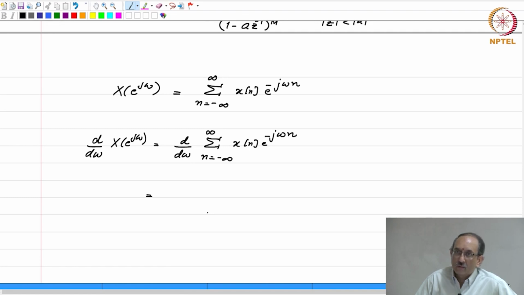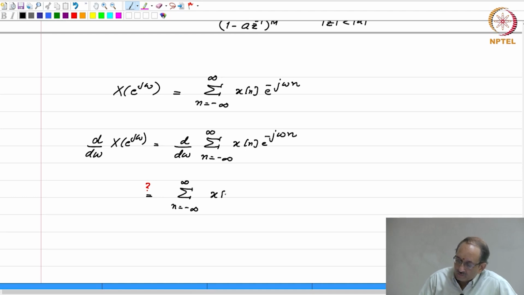Clearly x of t is not absolutely integrable in that case, and the sequence x of n equals 1 is not absolutely summable. Therefore, to satisfy the mathematician, we will put a question mark here and take the derivative inside, but we remind ourselves that some conditions have to be satisfied for this to be true.